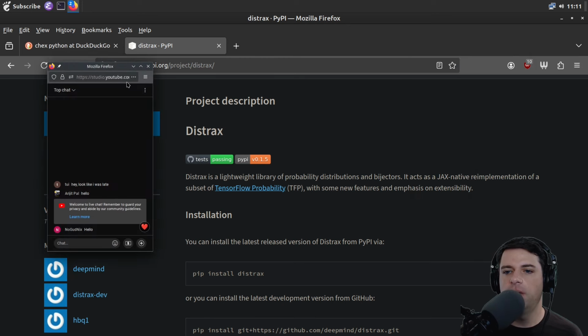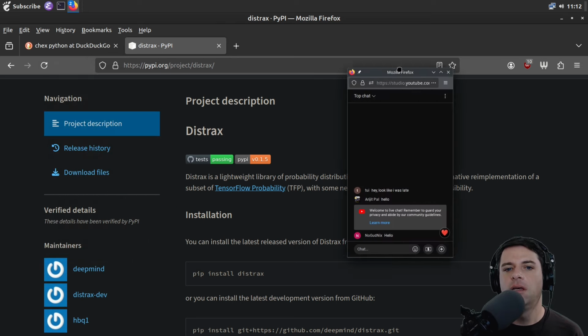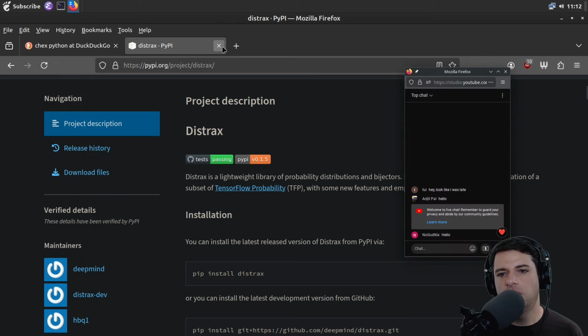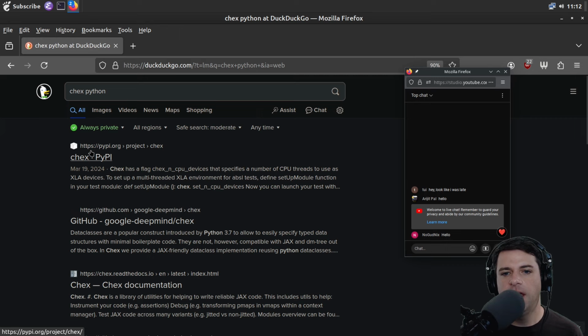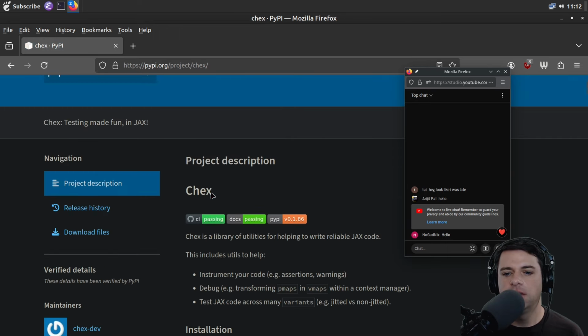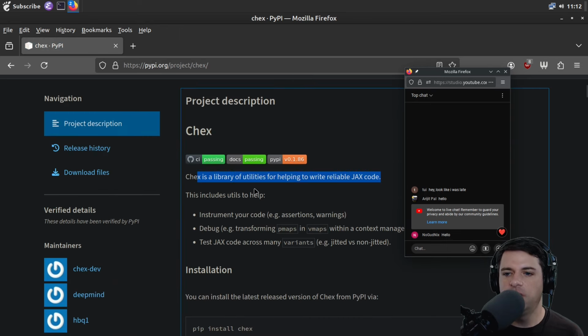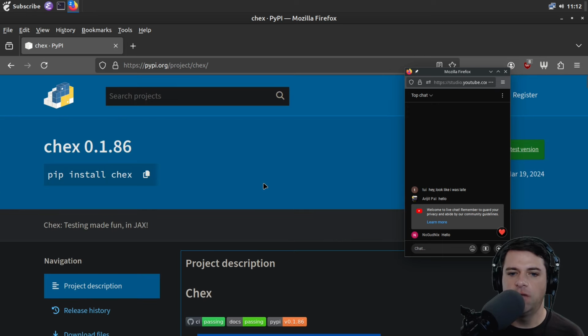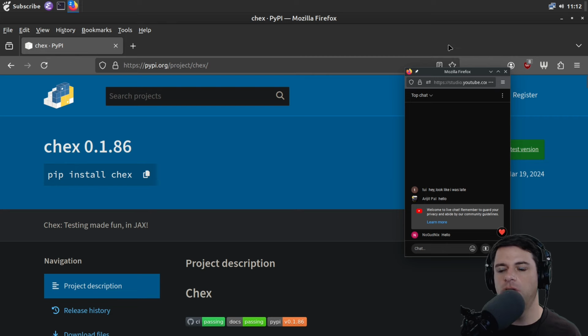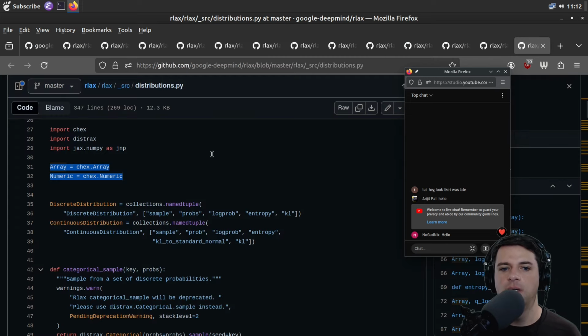Distrax is a lightweight library of probability distributions and bijectors. It acts as a JAX native reimplementation of a subset of TensorFlow Probability. Okay, so I'm guessing checks is also JAX related. Checks is a library of utilities for helping to write reliable JAX code. I don't know if these are all Google things or just in the ecosystem.